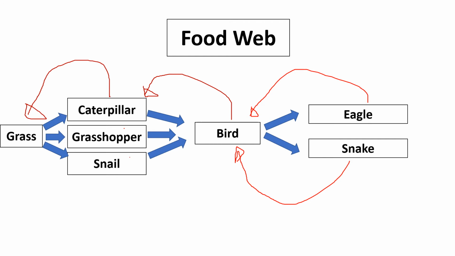All of these three animals eat grass. And then bird. Why bird? Because a bird can eat caterpillar, grasshopper, and snail. And then the animals that can eat the bird, we have eagle and snake. Okay, so that's the example of food web.